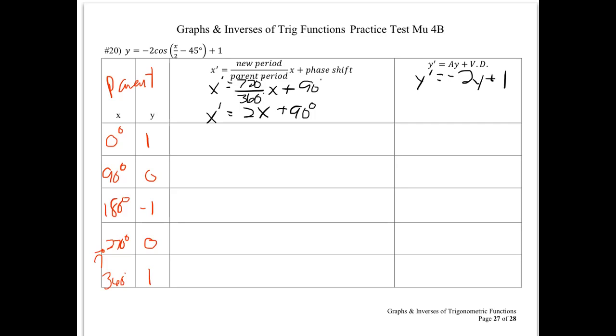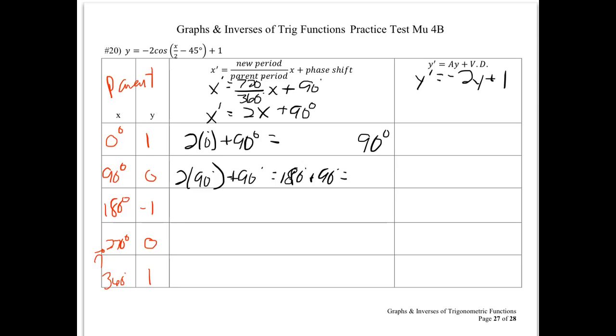So, I'm going to take each of my x values here, plug them into this equation for x to figure out what my new x value is. So I got 2 times 0 plus 90, which is 90. And I have 2 times 90 degrees plus 90, which is 180 plus 90, which is 270 degrees.